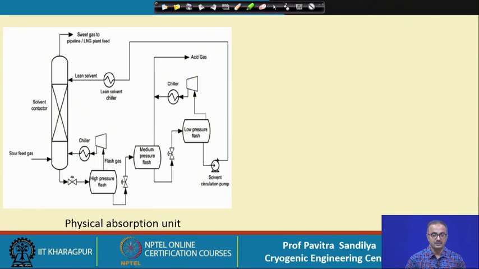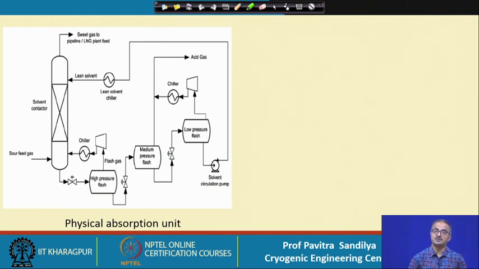Next we come to a typical physical absorption unit. In this we have the soured feed gas, which is fed from the bottom of the absorption column, and from the top we are inputting the lean solvent. Lean means this solvent does not have much carbon dioxide and H2S. If it is fresh solvent, it does not have any, but if it is regenerated, the amount of CO2 and H2S will be less.